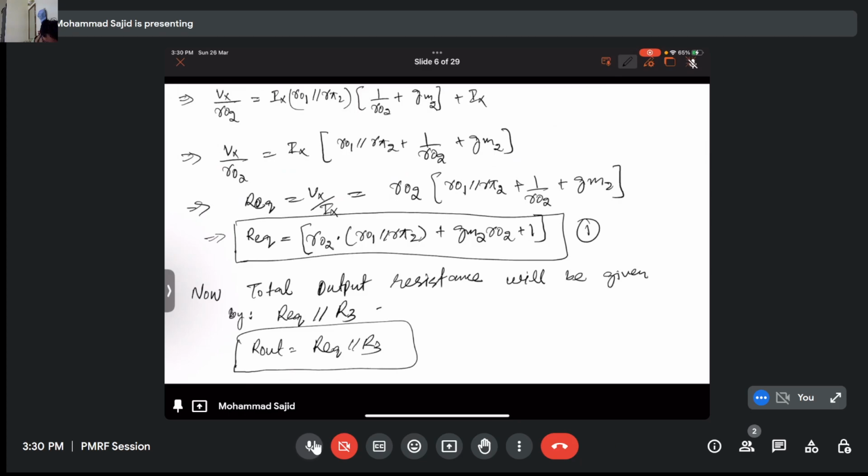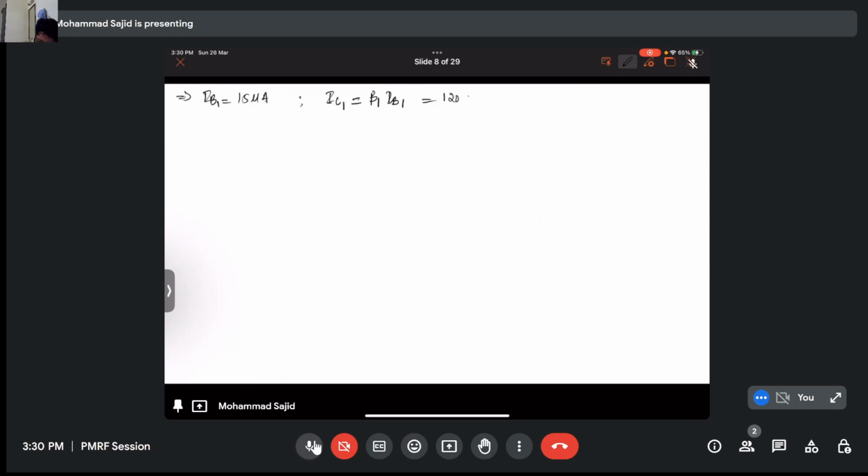It comes out to be 1.8 milliampere. So this is your collector current.